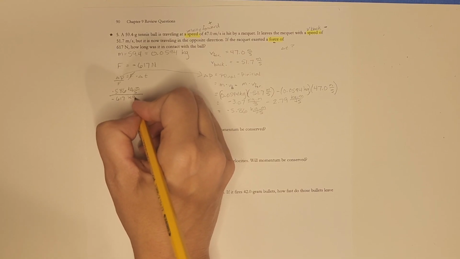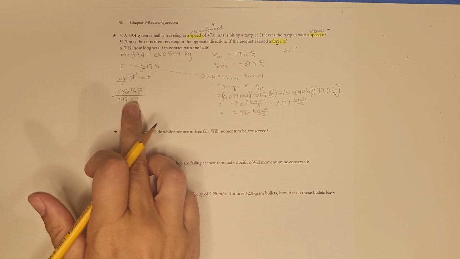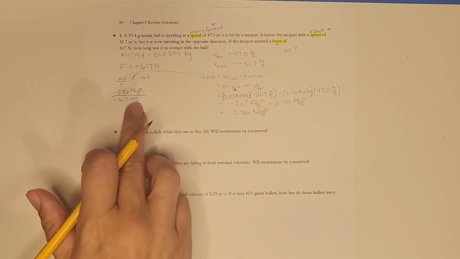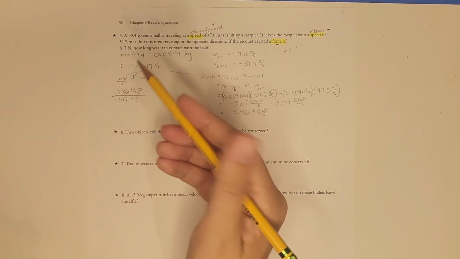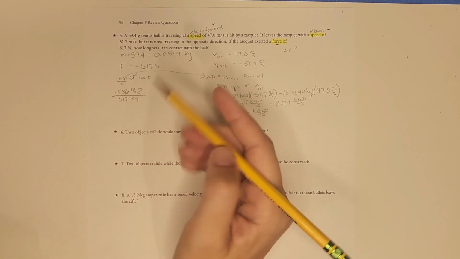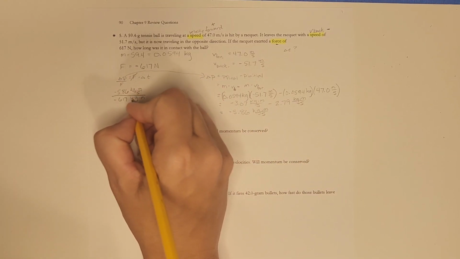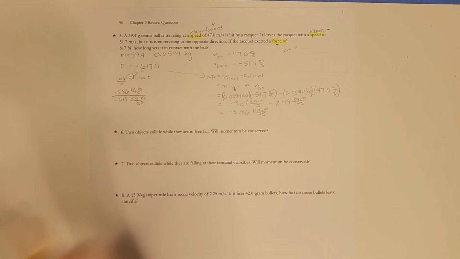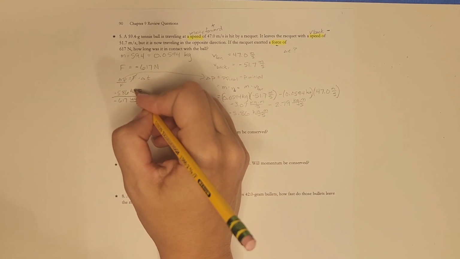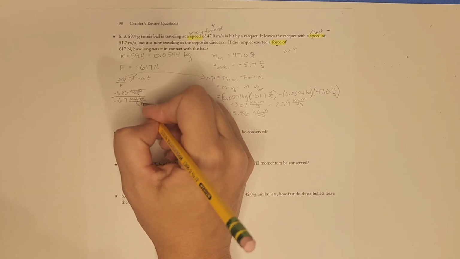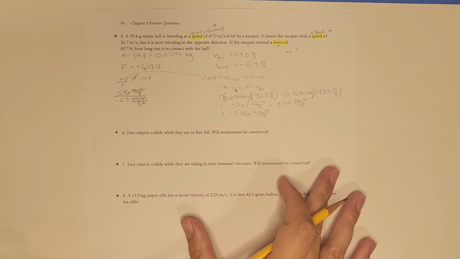Let's go ahead and change this newtons to units that we can more easily divide or cancel out: kilograms times meters per second squared, right? And so everything is going to cancel except for this last seconds, which will then be up in the numerator.